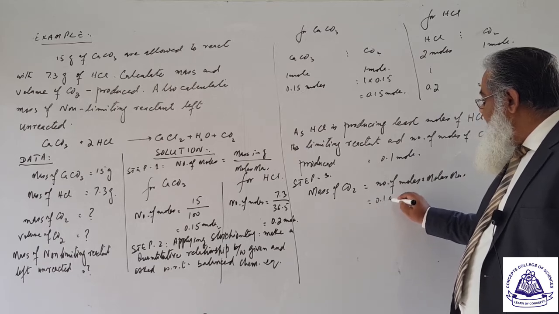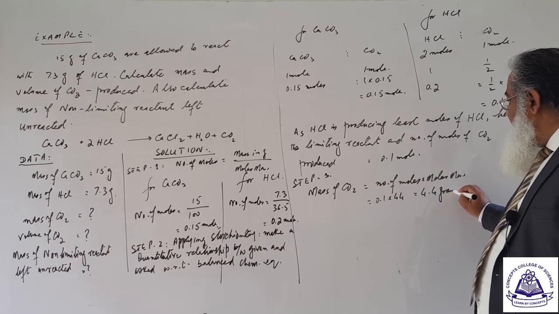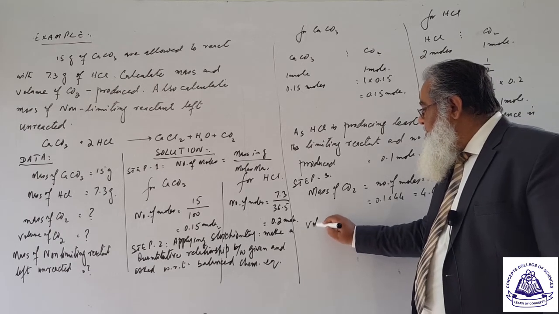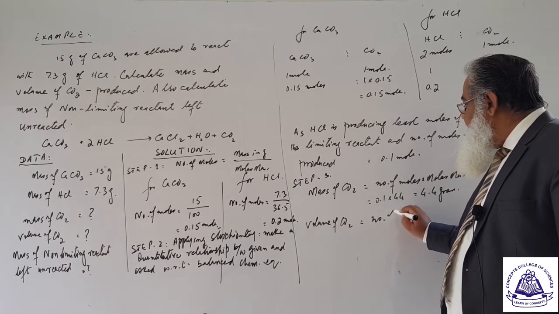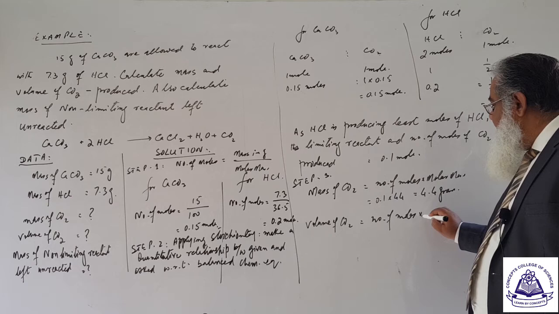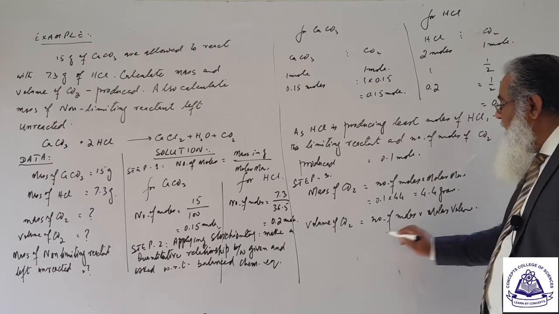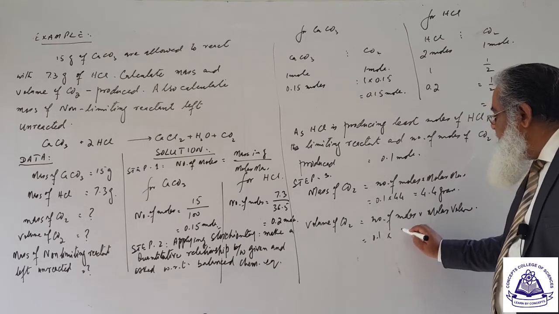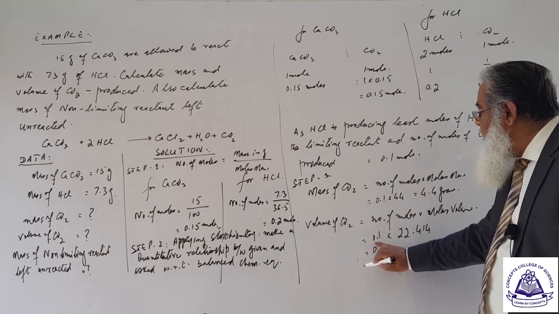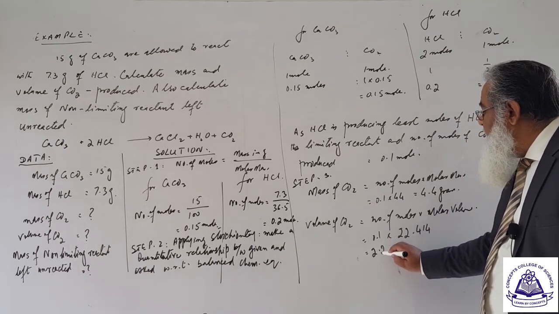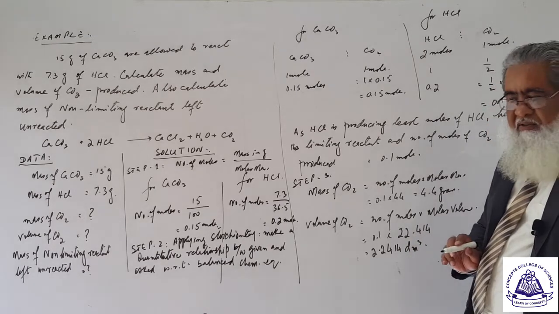Hence 0.1 into 44, 4.4 grams of carbon dioxide gas will be produced, and volume of carbon dioxide by applying the formula number of moles into molar volume. Number of moles are 0.1, molar volume is 22.414. Answer obtained now is 2.2414 cubic decimeter.